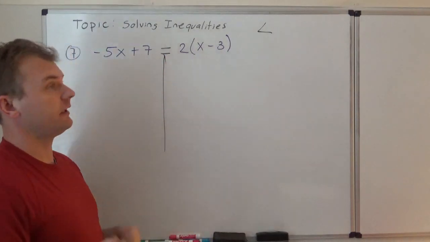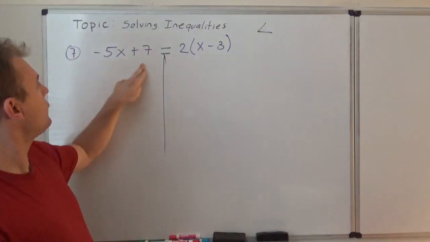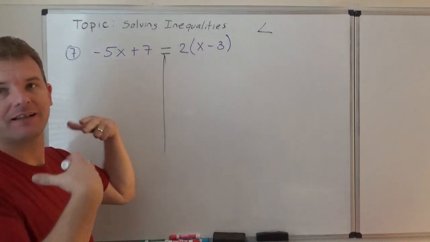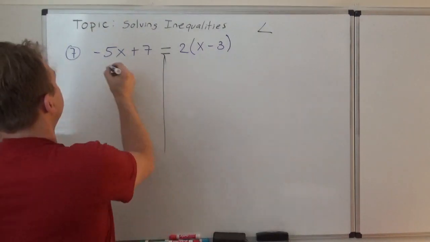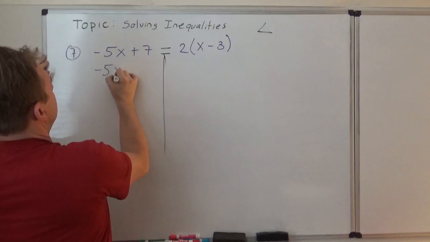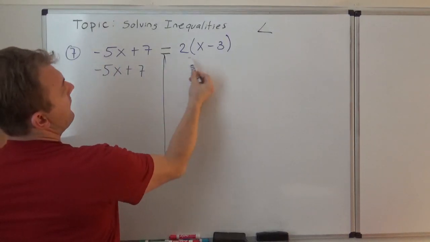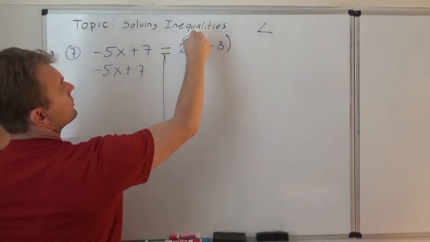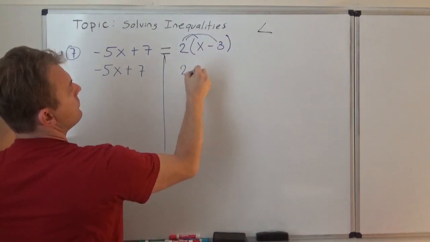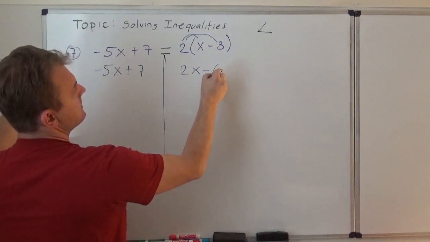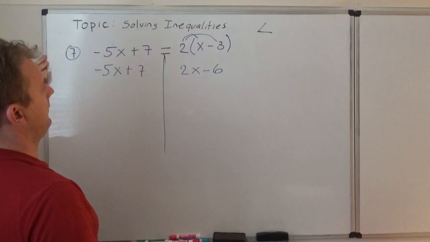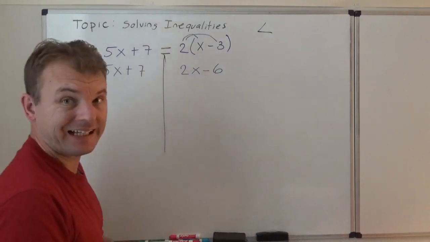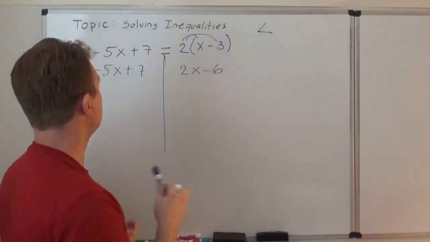First thing to do is combine stuff. I can't do anything over here, so I'm just going to rewrite it. Can I do anything over here? Well, I can distribute. So I have 2x minus 6. Now what? Get the x's to both sides.